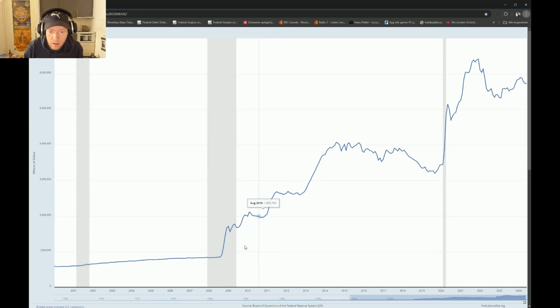So in the year 2009, the monetary base was less than 1 trillion. Monetary base is coins, paper, notes, real money, cash, bills, $100 bills, and they increased it.